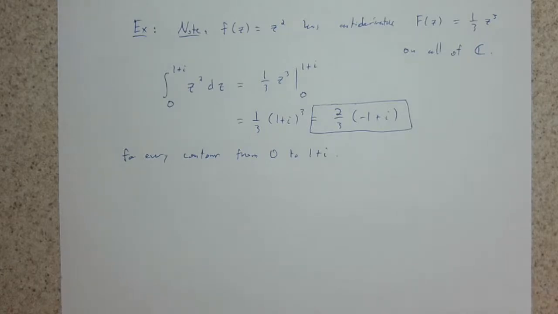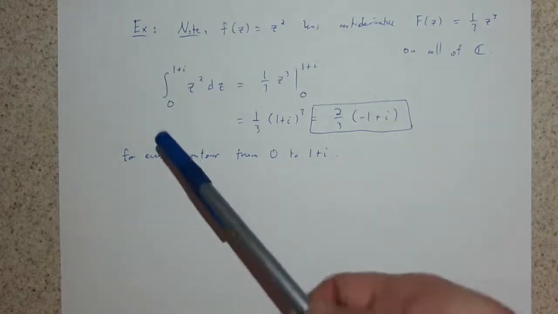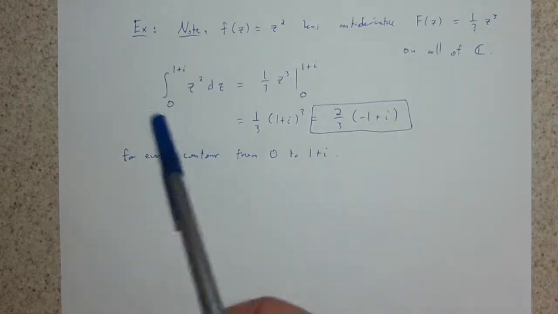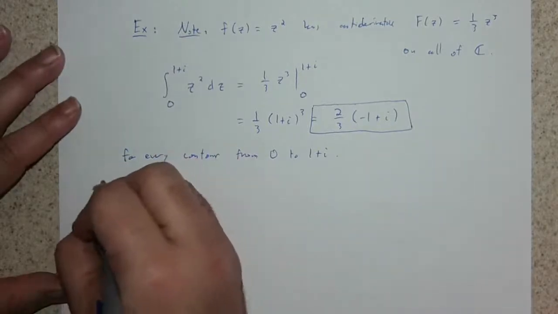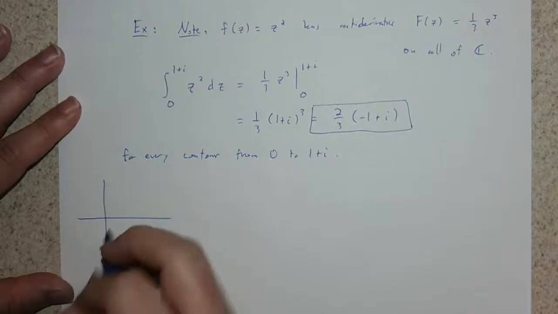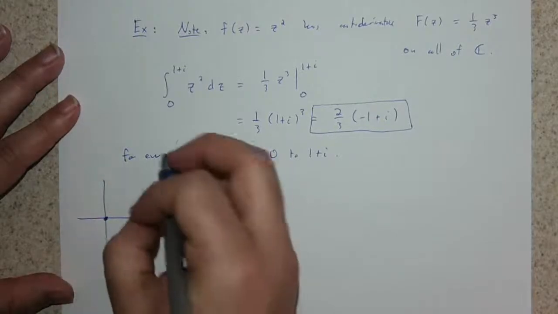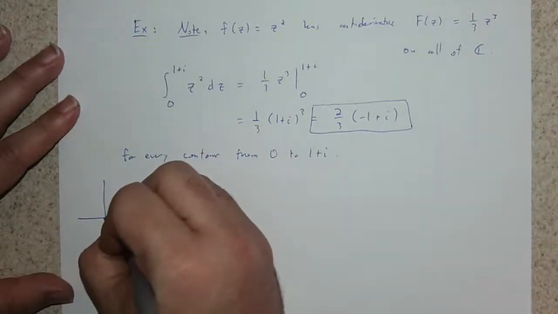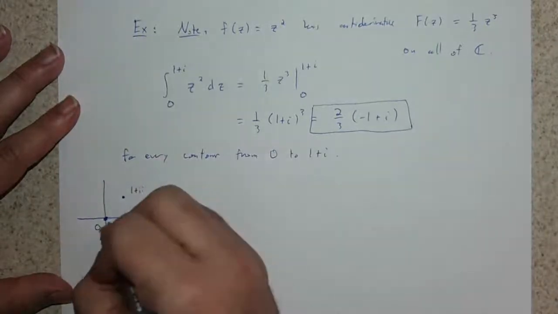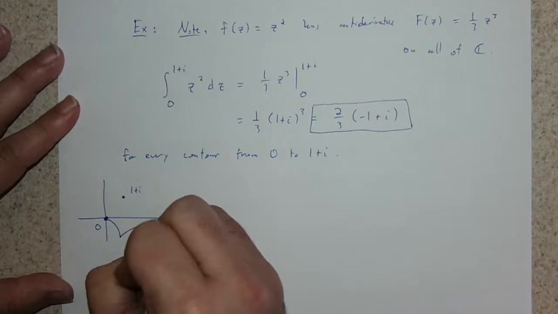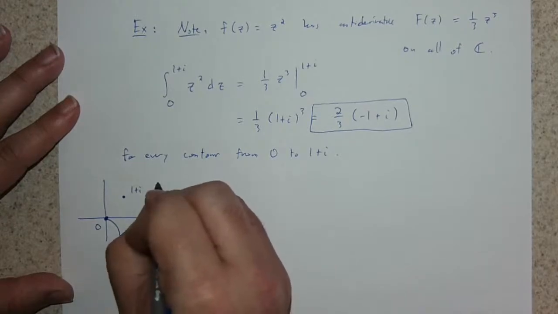I could use just an absolutely crazy curve here that is still a contour going from 0 to 1 plus i. So here's 0, and 1 plus i is here. What if I had a contour that did this kind of thing?